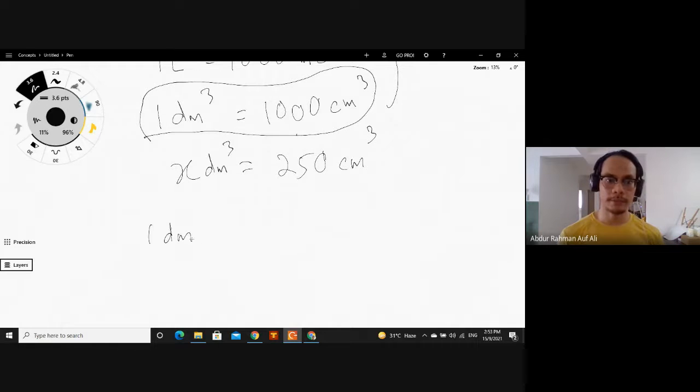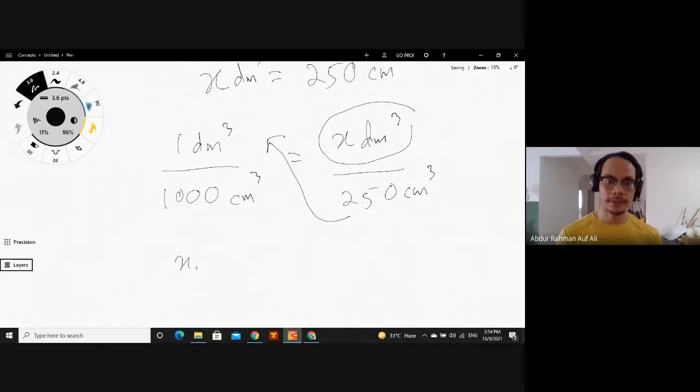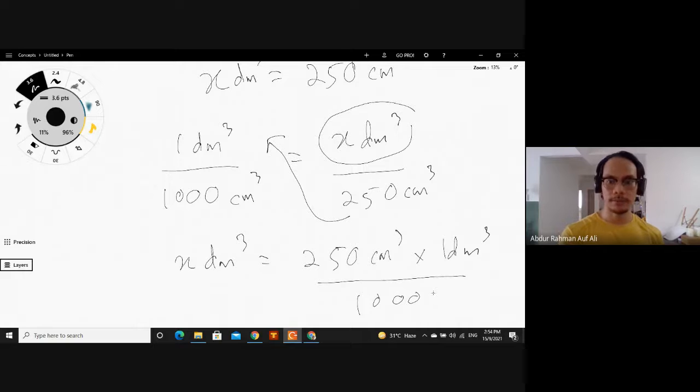So 1 dm cubic bahagi dengan 1000 centimeter cubic equals to X decimeter cubic divided by 250 centimeter cubic. And then carilah solve for X. Bawa 250 ni ke atas, darab benda. So X decimeter cubic equals to 250 centimeter cubic darab dengan 1 decimeter cubic divided by 1000 centimeter cubic.